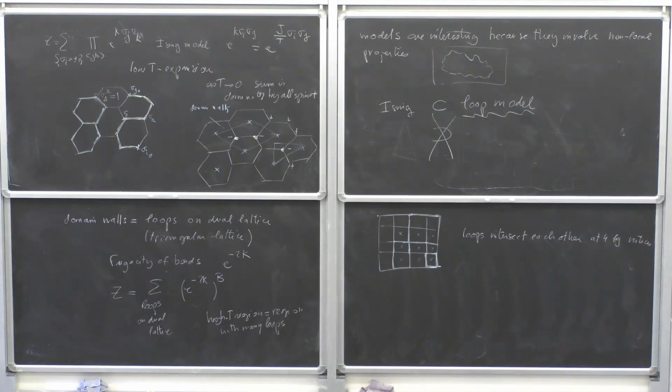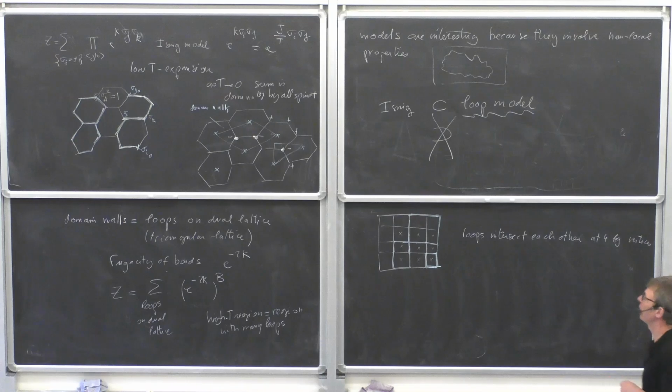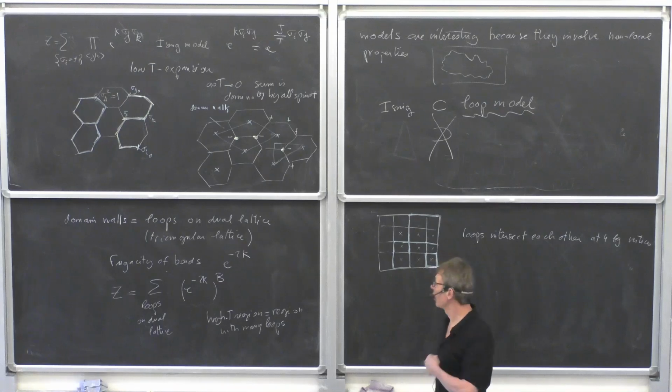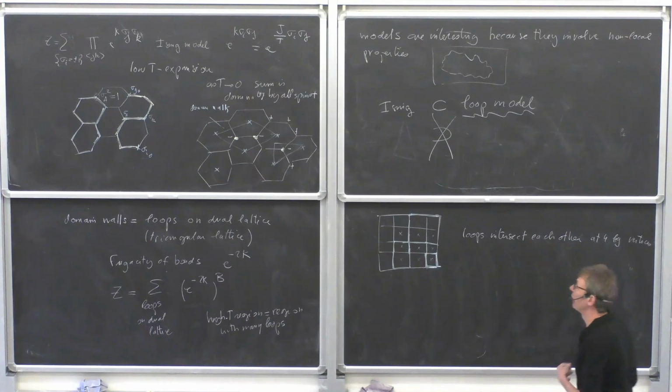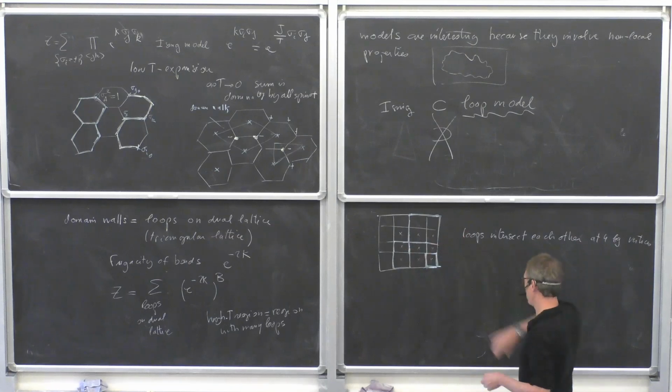Well, we know from the Ising model that the universality class of the Ising model on the square lattice and the honeycomb lattice and the triangular lattice and whatever lattice you want to imagine, regular, is the same in 2 dimensions. We know the exponents are the same, and in fact, it is a known fact that the universality class of loop ensembles at their critical point is not affected by these intersections.